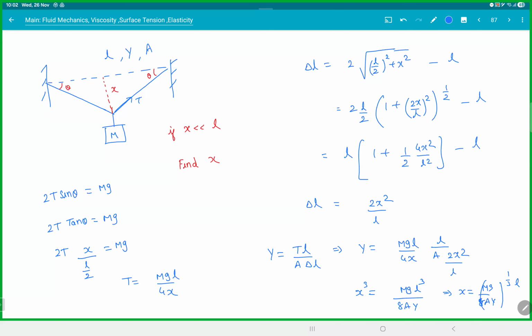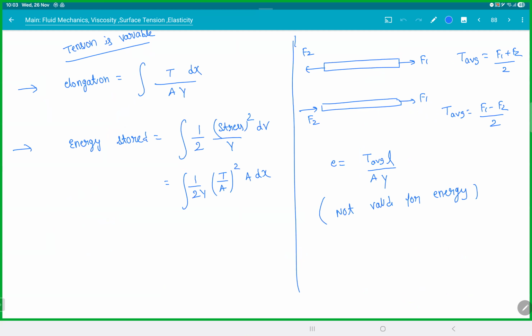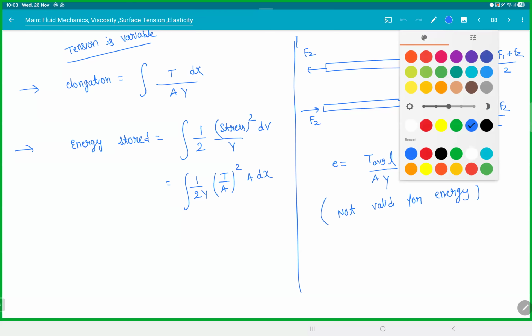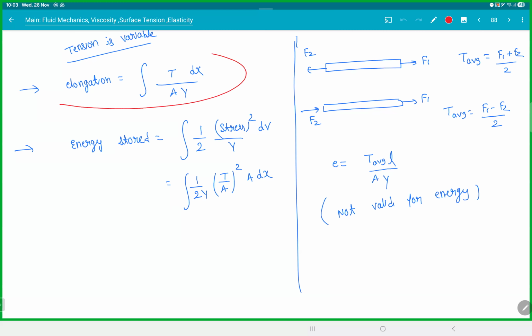It's a good one. So know this thing. Yeah, these are the formulas. Like I said, elasticity, right? It's pretty straightforward. If the tension is not constant, this is the formula. If energy is stored, this is the formula. Do you guys remember this? Half stress into strain into volume.